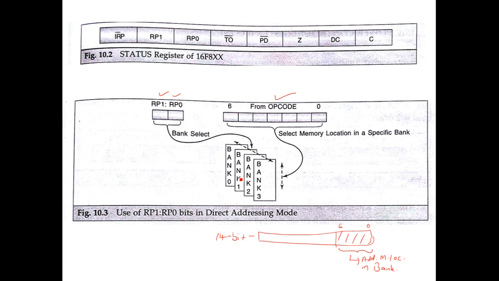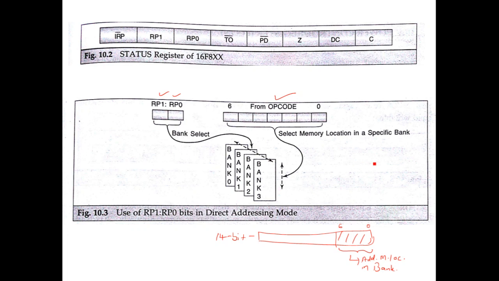Now there is another addressing mode called indirect addressing mode. In that case, the address of the operand is placed in a register, the file select register, FSR, and FSR is an 8-bit register.